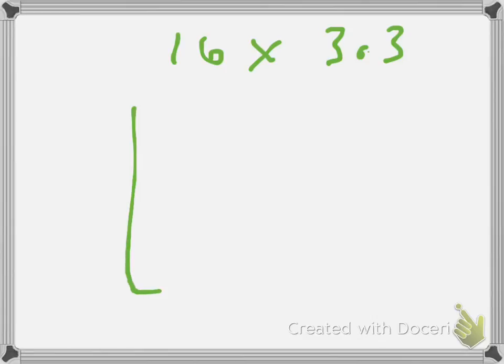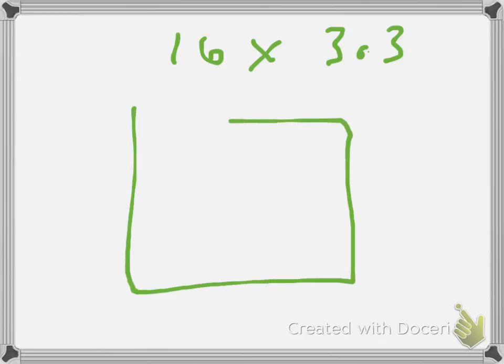All right, so boys and girls, we're going to go ahead and have a problem. I'm going to start with a whole number, then afterwards I'll do a decimal. So let's go ahead and have 16 times 3 and 3/10. All right, it's very simple. All you're going to do is draw a box, just like this.